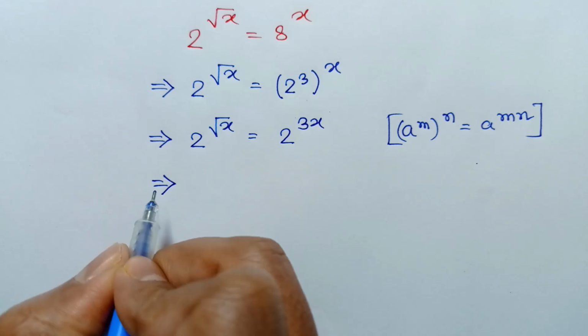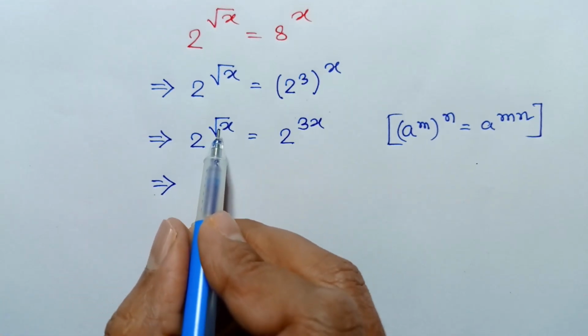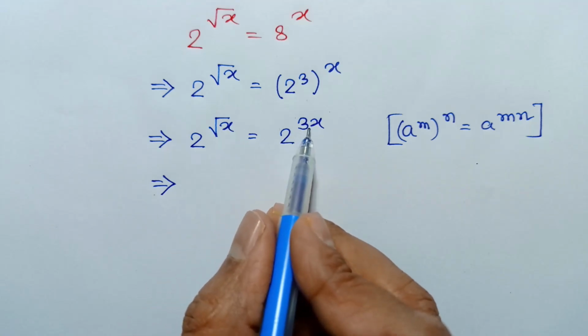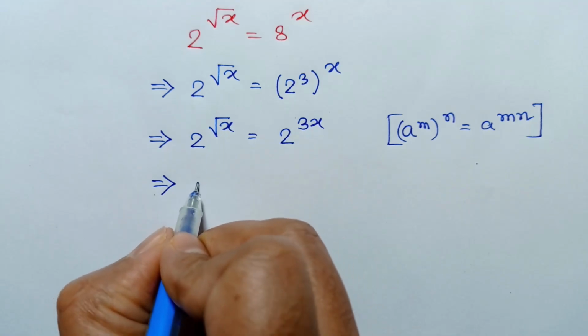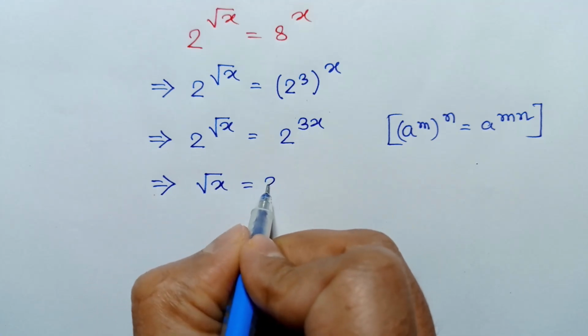Here the bases 2 are the same, so the powers will be equal. So we can write from here square root of x is equal to 3x.